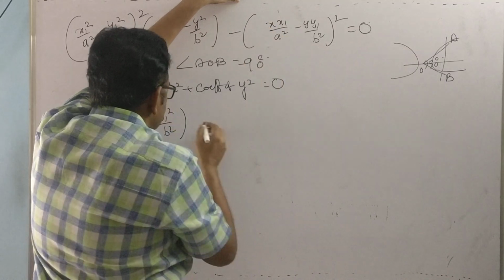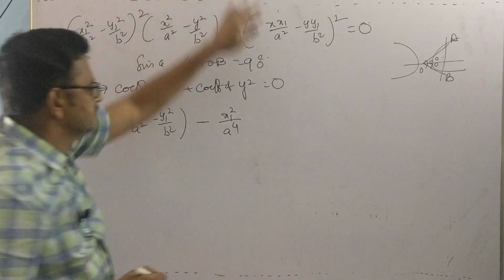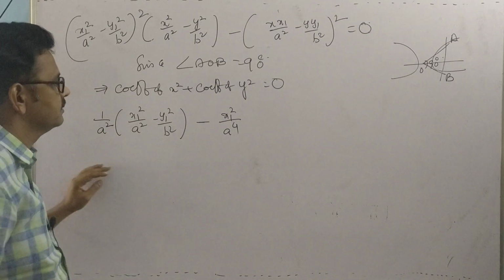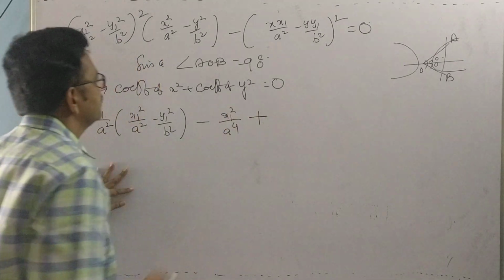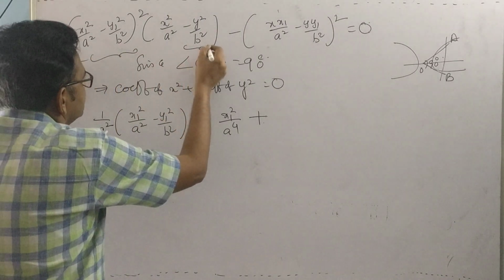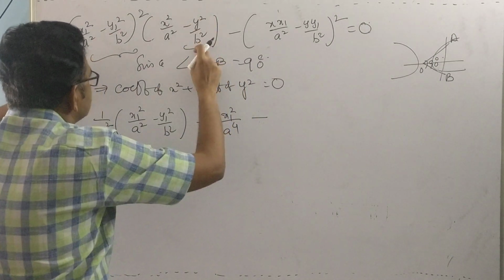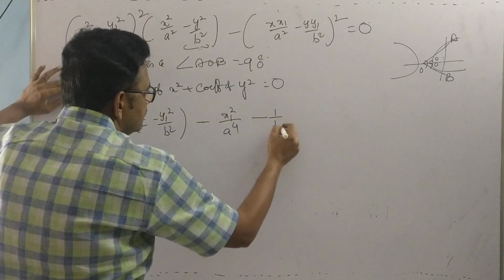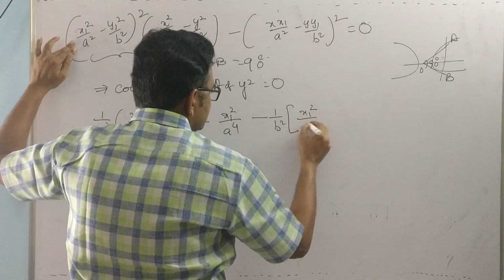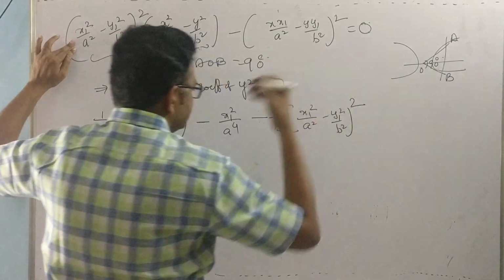Coefficient of x square is minus x1 square by a power 4. This is the coefficient of x square, next plus coefficient of y square. So this is into this. That is minus 1 by b square into this, minus 1 by b square into x1 square by a square minus y1 square by b square whole square.